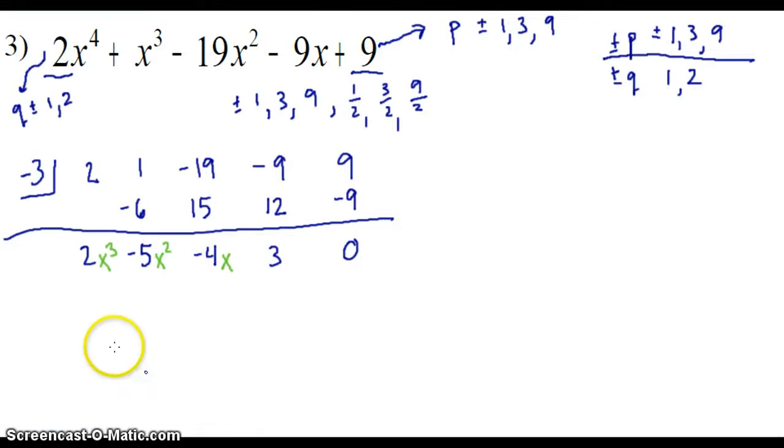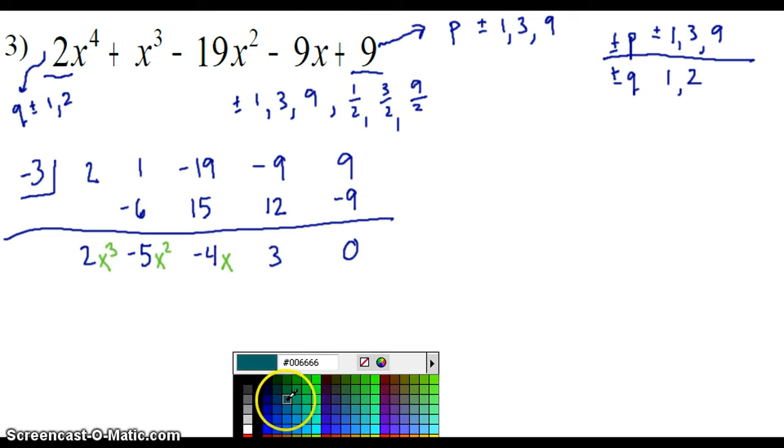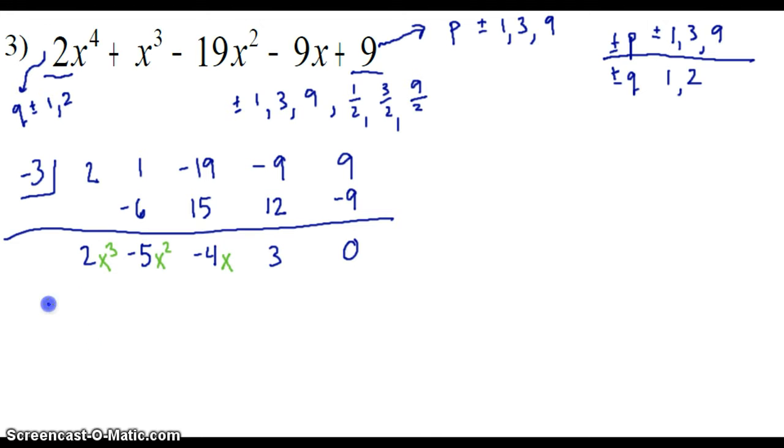So we'll do the same thing we just did with -1 using synthetic division. We put -1 in the box, and now our leftovers were 2, -5, -4, 3, and of course 0 isn't part of it.